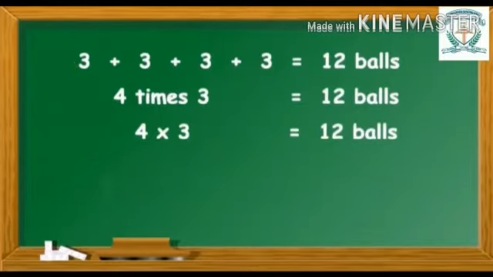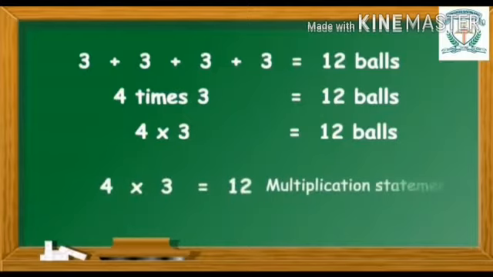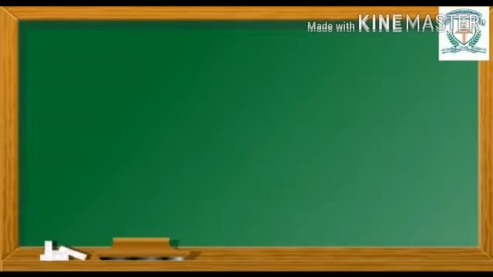Instead of writing 3 plus 3 plus 3 plus 3 is equals to 12, we have written 4 into 3 is equals to 12, and this is called a multiplication statement.